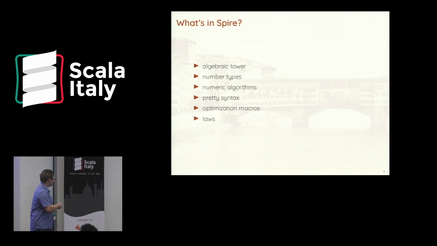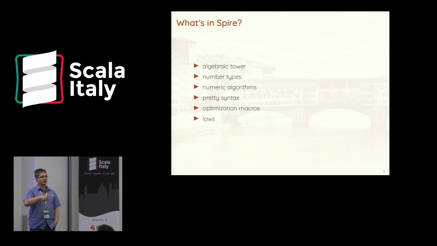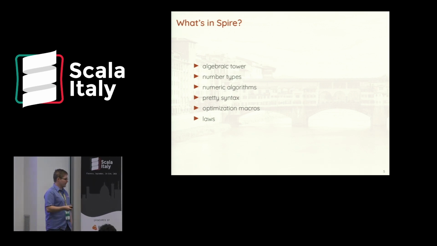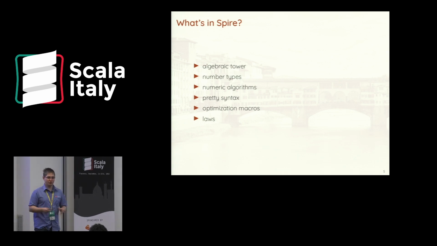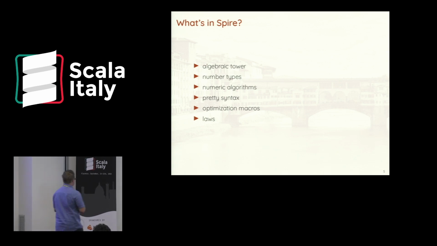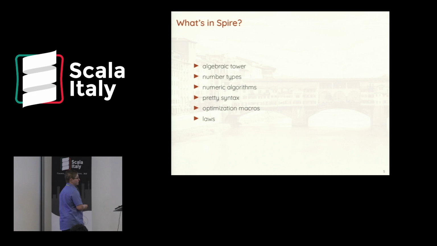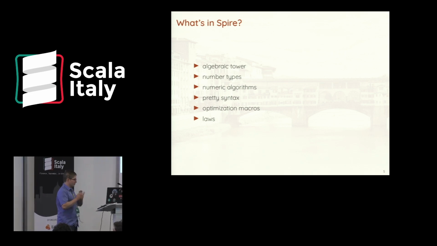In Spire, there are essentially tools that allow you to check if your algorithms are correct, and they apply that to Spire itself. So, for example, all of these number types in Spire are completely checked that addition and multiplication do what you would expect. There's also an entire hierarchy about this, and I will demonstrate it briefly in the talk, but I'm not going to go too much into detail there.